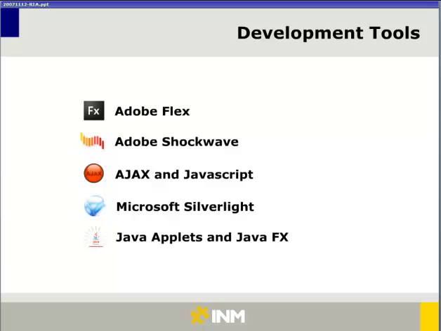The final technology we should mention, although it's not itself a development tool for rich internet applications, is a tool that's used in conjunction with some of these other tools in order to deliver that rich internet application content in an online-offline environment.